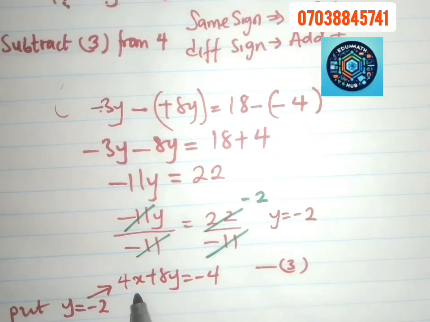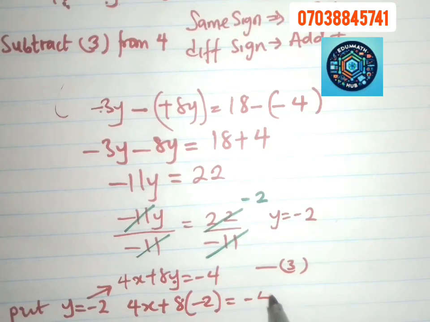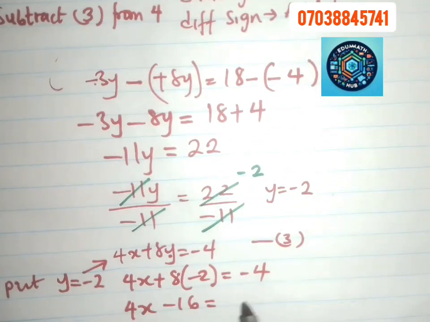So I have 4x plus 8 times minus 2 equals minus 4. This will give you 4x, and 8 times minus 2 gives you minus 16, equals minus 4. To make it easy, you move this minus 16 to this side, so it becomes plus on this side.